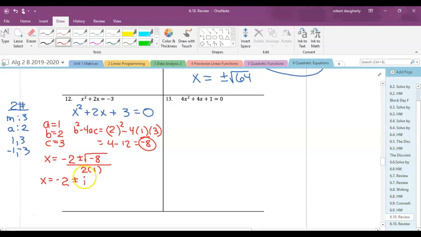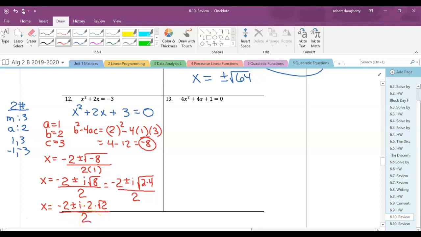That's going to be i times the square root of 8 over 2. I can write this as negative 2 plus or minus i, the square root of 2 times 4, over 2. So x equals negative 2 plus or minus i times 2 times the square root of 2, all of that over 2.